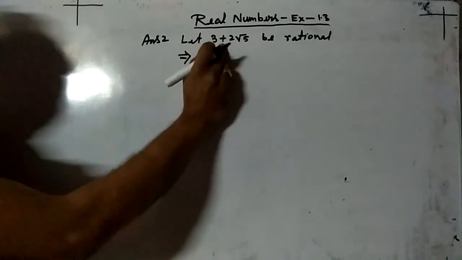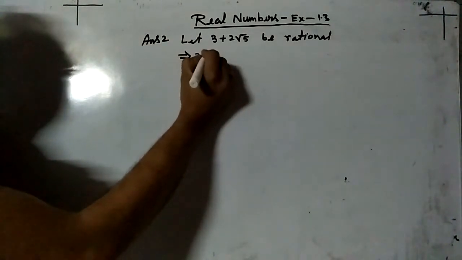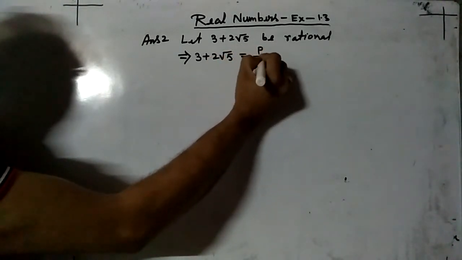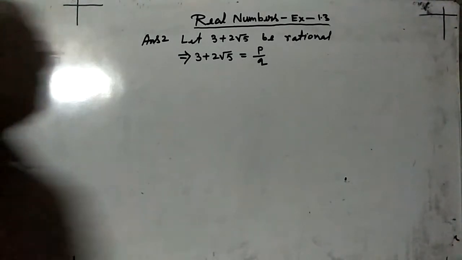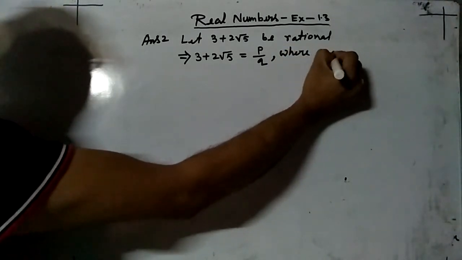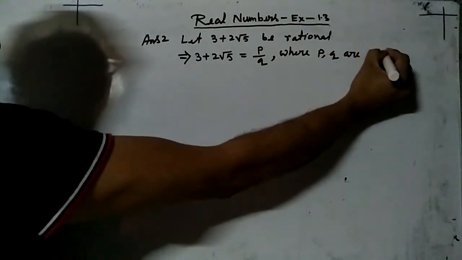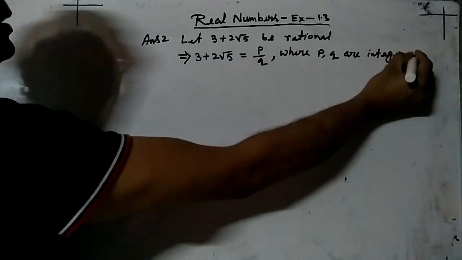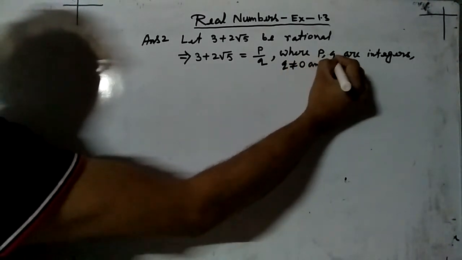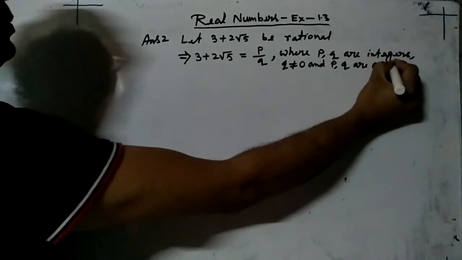So if we consider 3 plus 2 root 5 as rational, then 3 plus 2 root 5 can be written as p by q, because this is the definition of a rational number, where p, q are integers, q not equal to 0, and p, q are co-prime.